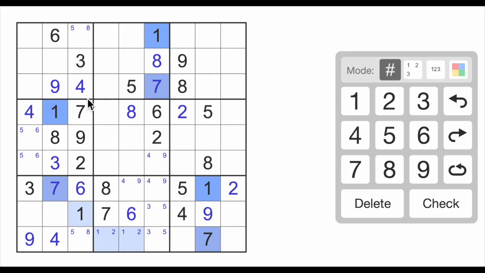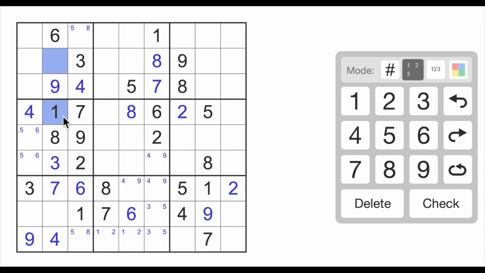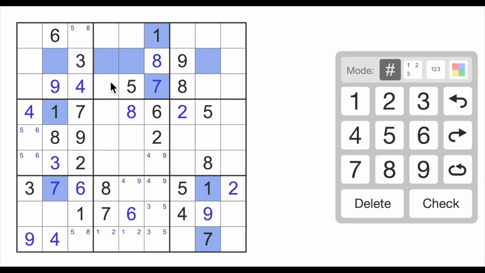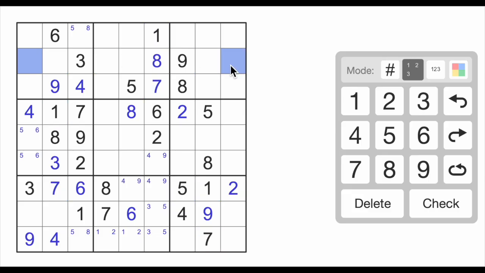That means on row 2, I cannot use 1 and 7 in here because of this 1 and 7, and here because this 1 and 7, and this cell cannot use 1 and 7 because here they are. So looking at row 2, 1 and 7 have to use these 2 cells. So that's a 1, 7 double.